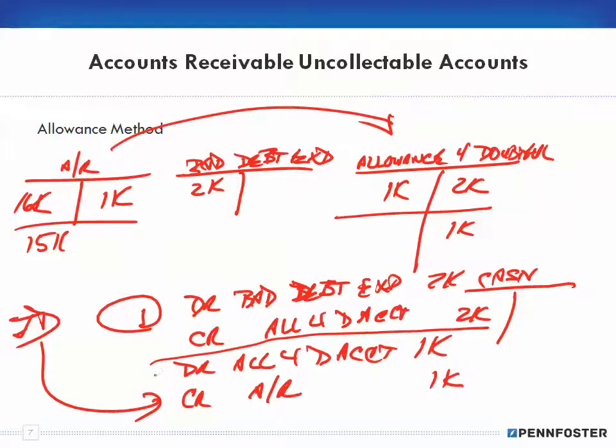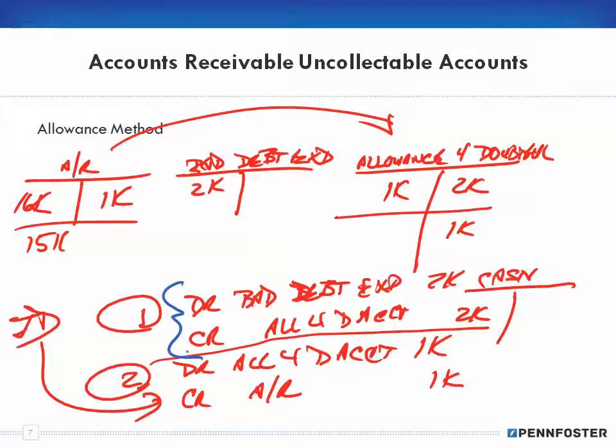So it's a two-step process here, in that at the end of every accounting period, depending upon which method you're going to use, whether it's the percent of sales method or the aging method, which you'll see how they work in the next two videos, you'll determine what amount you want to write off as an estimate of what's going to be your bad debt for accounts receivable.